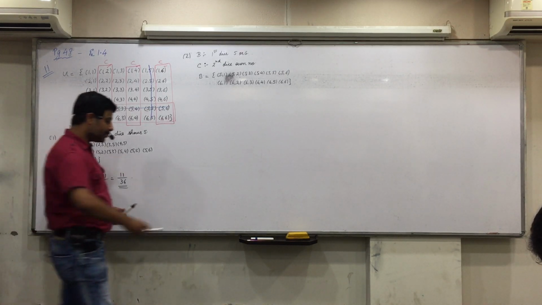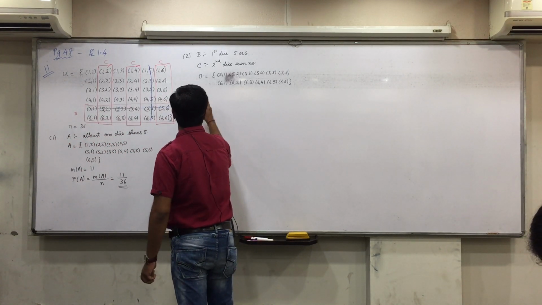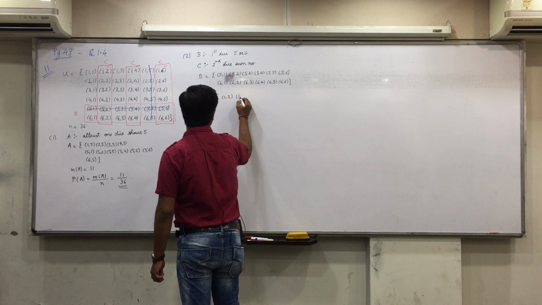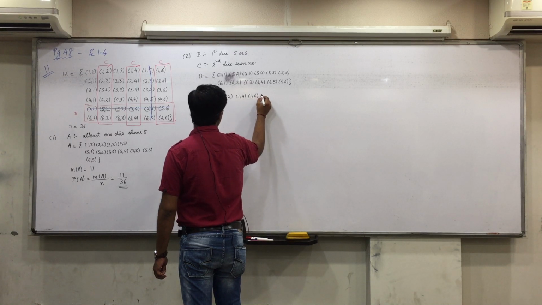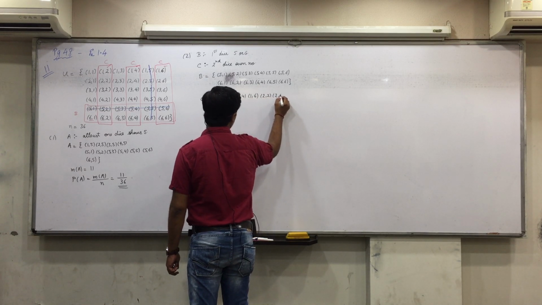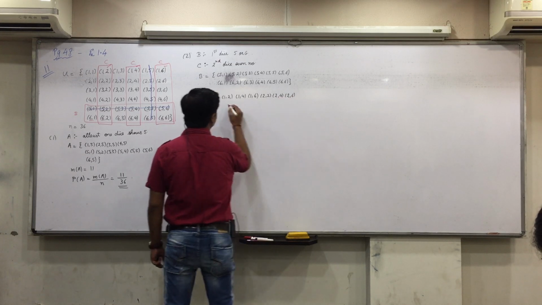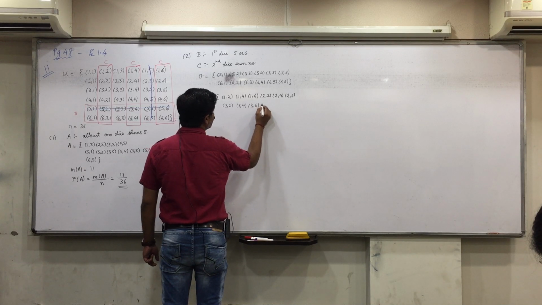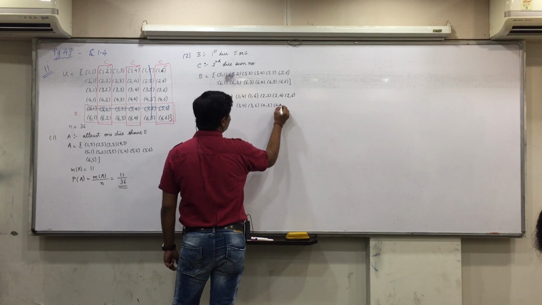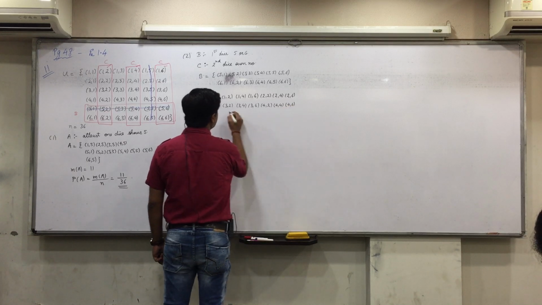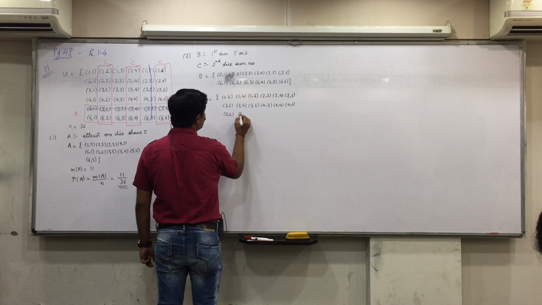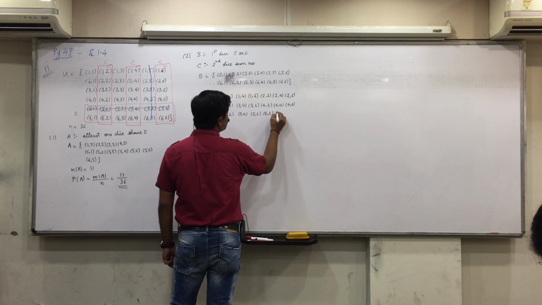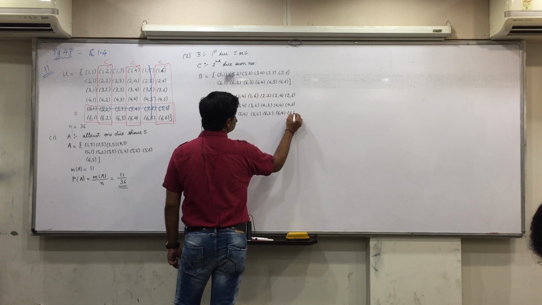So, write down. C will include 1 2, 1 4, 1 6, 2 2, 2 4, 2 6, 3 2, 3 4, 3 6, 4 2, 4 4, 4 6, 5 2, 5 4, 5 6, and 6 2, 6 4, 6 6.